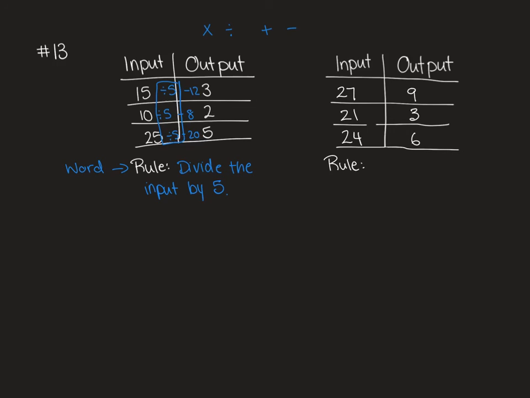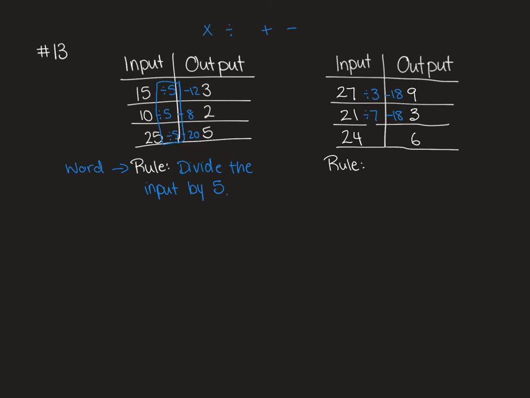So once again, if we have two sets of numbers, we can see how to connect them. To get from 27 to 9, I could divide it by 3, or I could subtract 18. To get from 21 to 3, I could divide it by 7, or I could subtract 18.